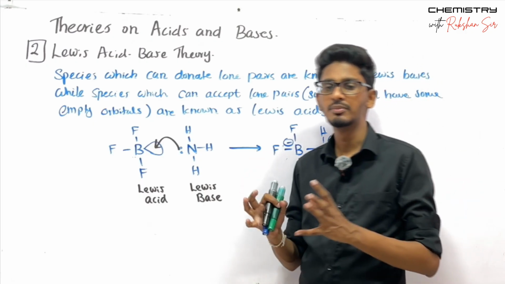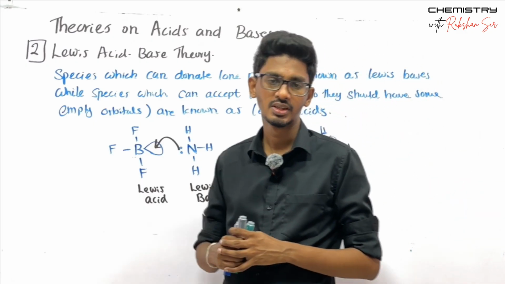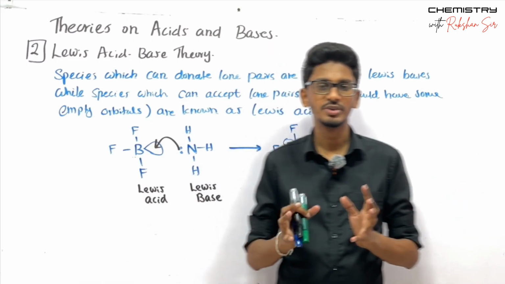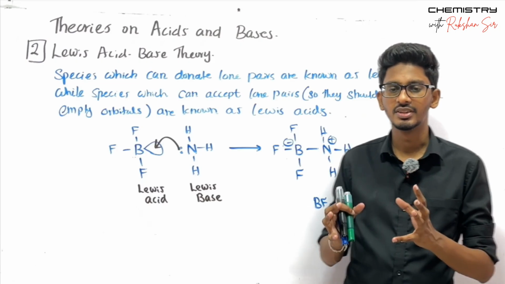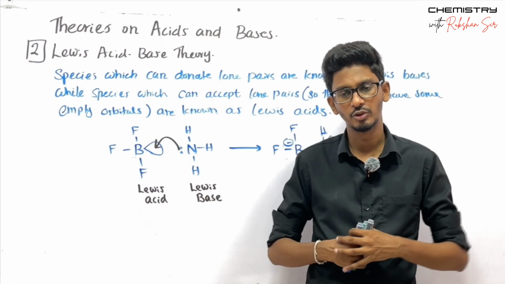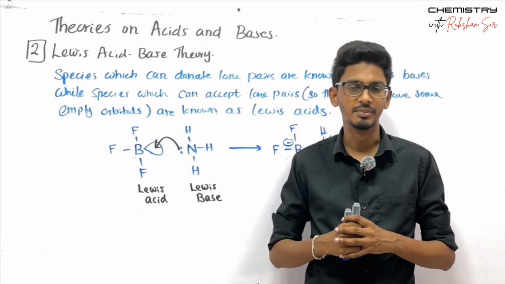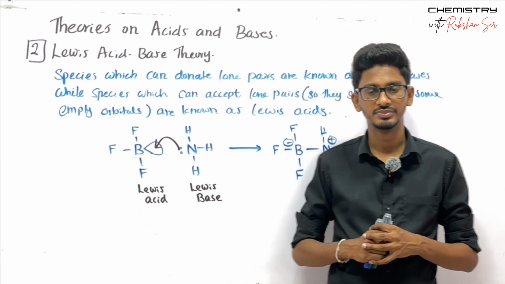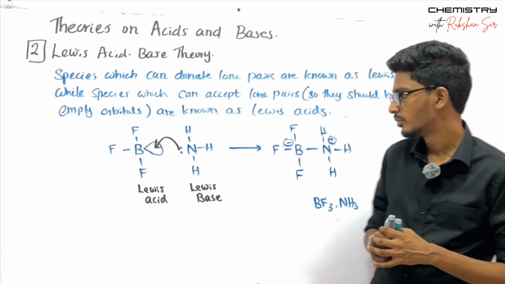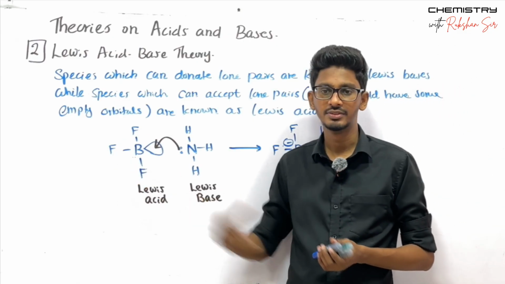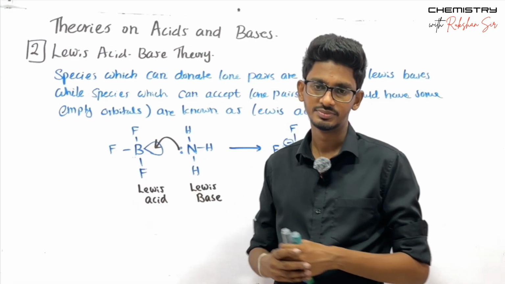Actually, this theory can be used to discuss the acidic and basic natures of species without H pluses as well as OH minuses in their chemical formula. Even if you don't have H plus in your chemical formula, BF3 can act as an acid.